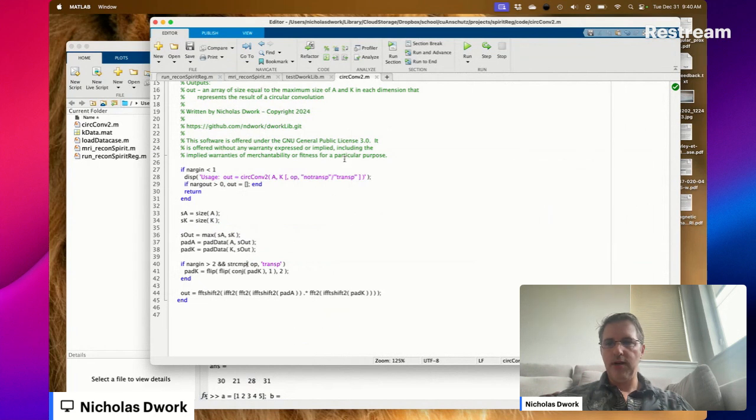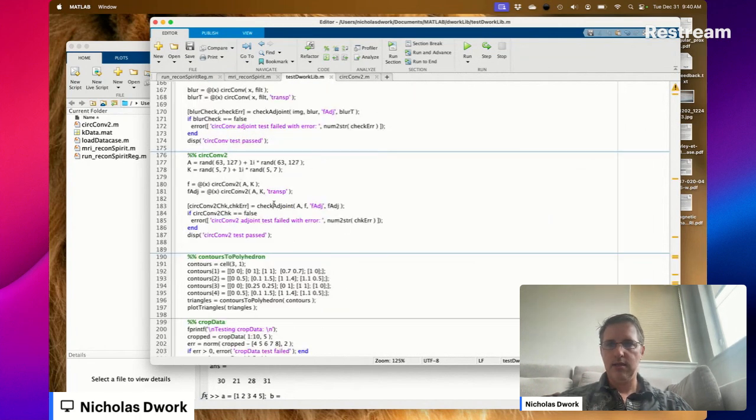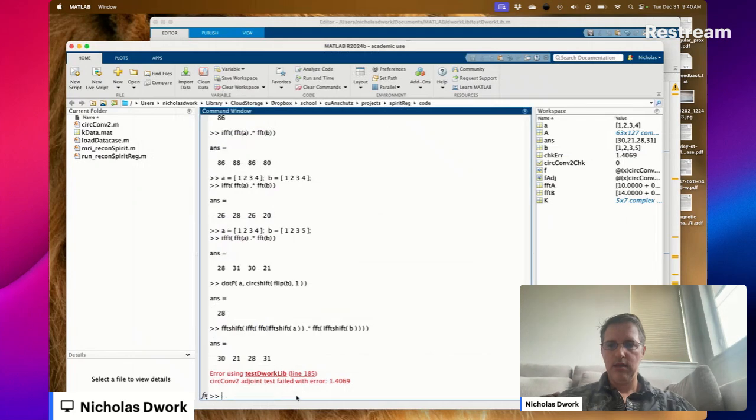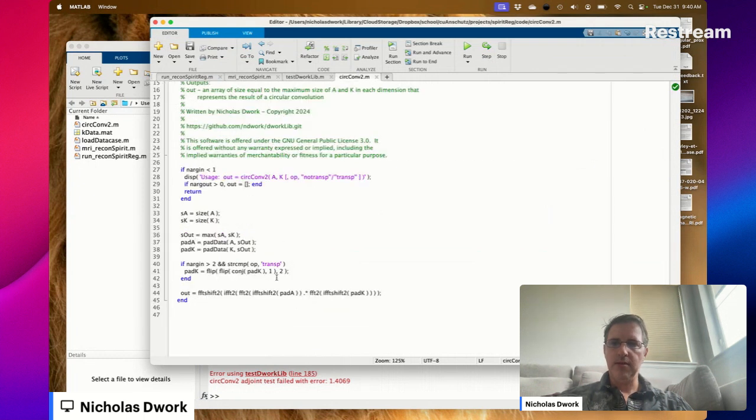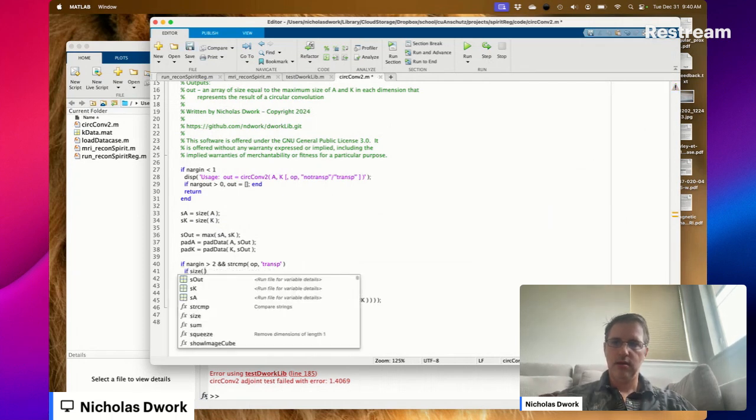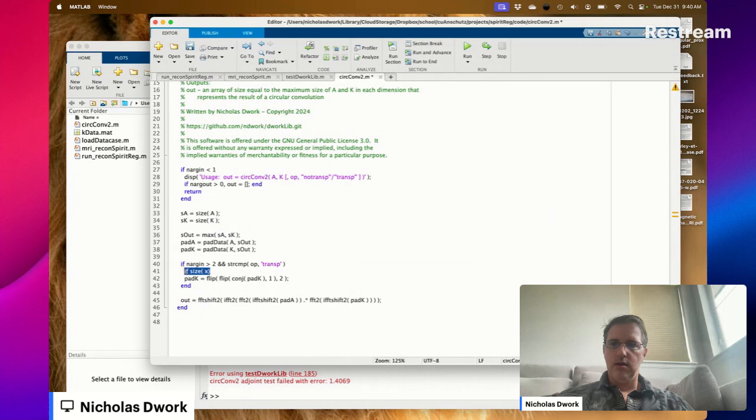If they're odd, the flip does the right thing without a circular shift needed. So I am going to have to fix this. I'm just going to put a to-do note for here later.